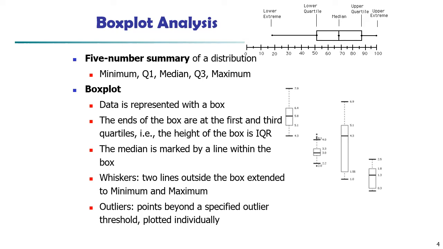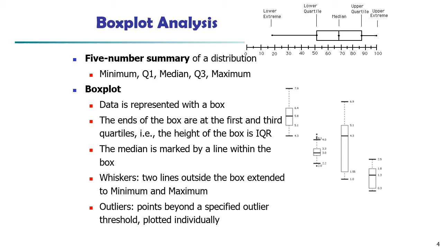The ends of the box are the first and the third quartiles, and the height of the box is known as the IQR. IQR means interquartile range, which is the difference Q3 minus Q1. The median is marked by a line within the box, and the median is our Q2. Two lines outside the box extend to the minimum and maximum.